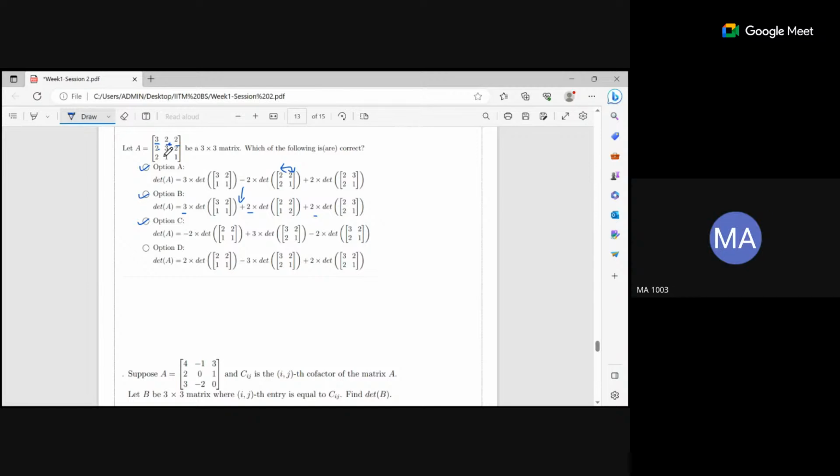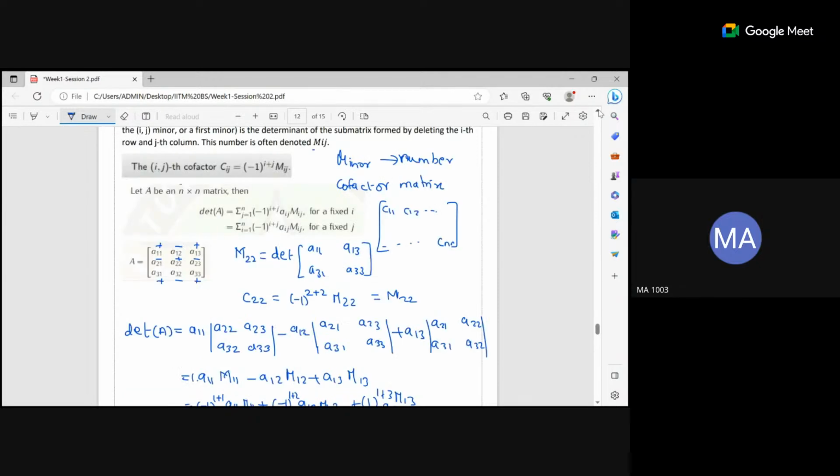Yeah. Ma'am, option A and C are same. No. See, in option A, they are doing the determinant with respect to row 1. In option C, they are finding the determinant with respect to R2. In the sense that you look at this formula here, in option A they are considering this i as 1.